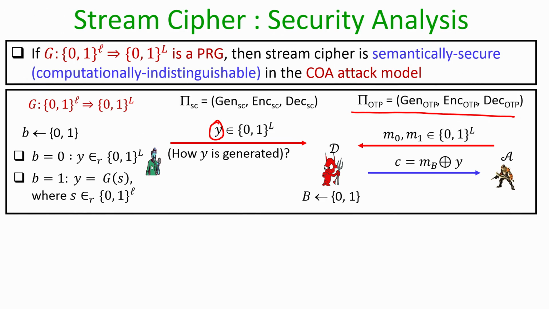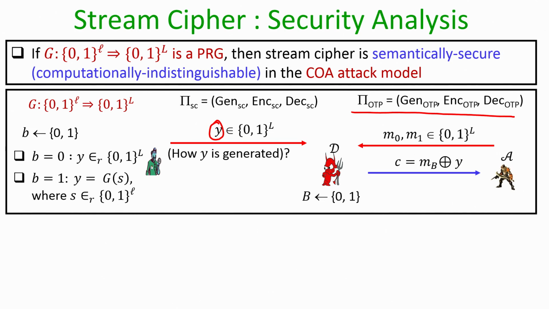On the other hand, if the challenge sample y is pseudo random, in that case D has created an instance of the COA based indistinguishability experiment as per the stream cipher, because in that case the challenge ciphertext C would look like a challenge ciphertext which the adversary would have seen by participating in an instance of the COA indistinguishability experiment against the stream cipher.